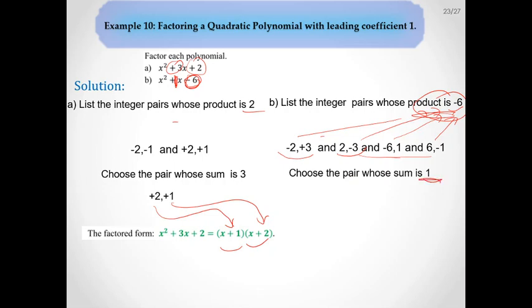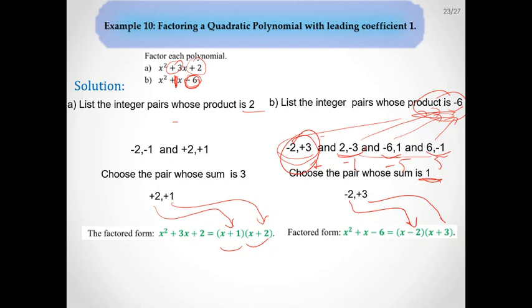Whose sum is 1? It's obvious this one: if you add the others, it will be -1, -5, 5. So it's this one here, it makes 1. So we choose this pair. And after we choose this pair, we put them next to x, and it gives the factoring of the polynomial.